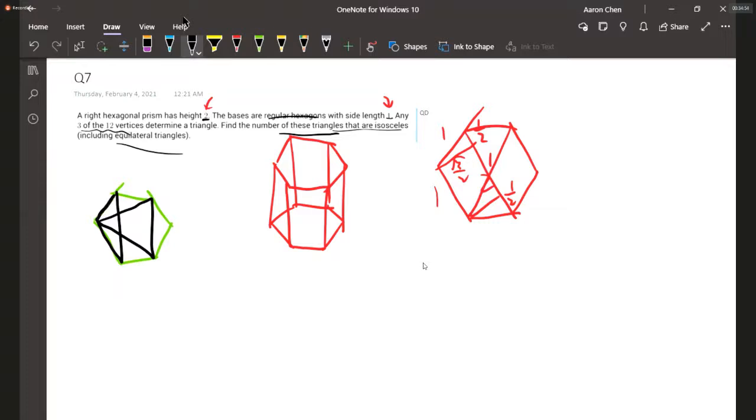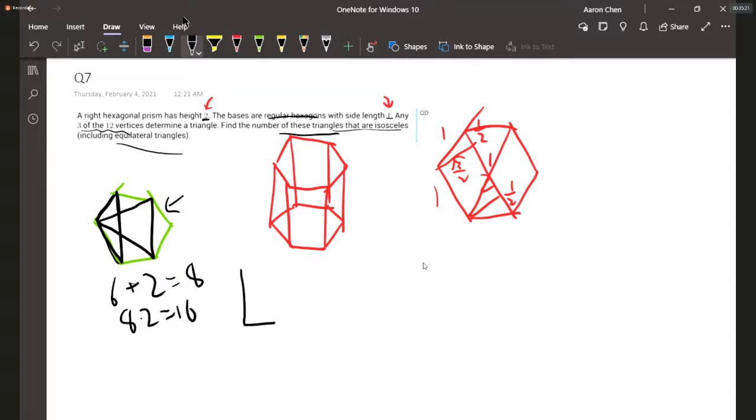For the form where it covers 2 sides and the diagonal that connects them, there's a total of 6 triangles of this kind, and there are also 2 equilateral triangles inside each hexagon. And so this is a total of 8. And there are 2 bases, so the total number of triangles on a base is 8 times 2, which is 16.